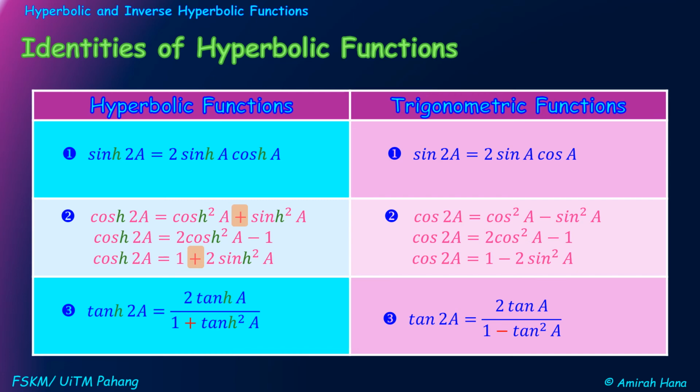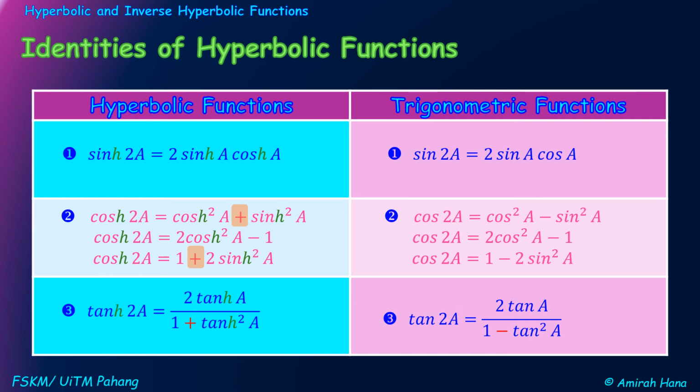And then formula number 3 for cosh 2a. It looks similar to formula number 3 for cos 2a, but in between is plus sign. Plus, minus, plus. Alright, but under trigo function, minus, minus, minus.